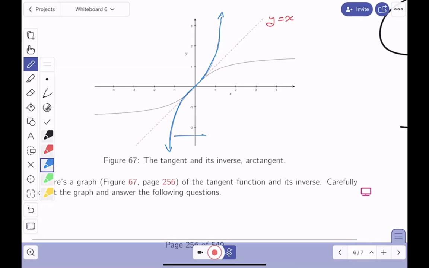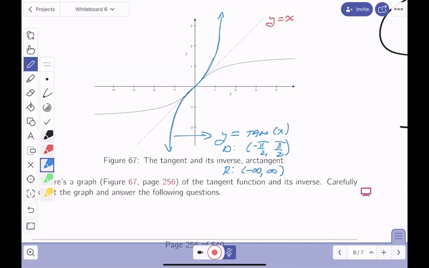The blue curve here is a region of the tangent function, and you should be well aware of that. The domain of this picture is between minus pi over 2 and pi over 2. Its range is minus infinity to infinity.